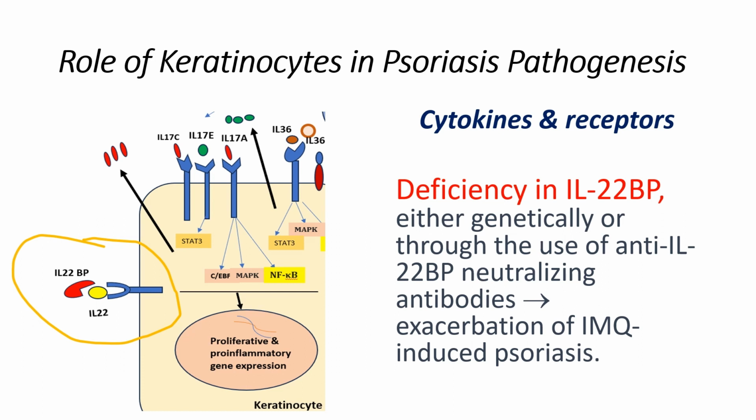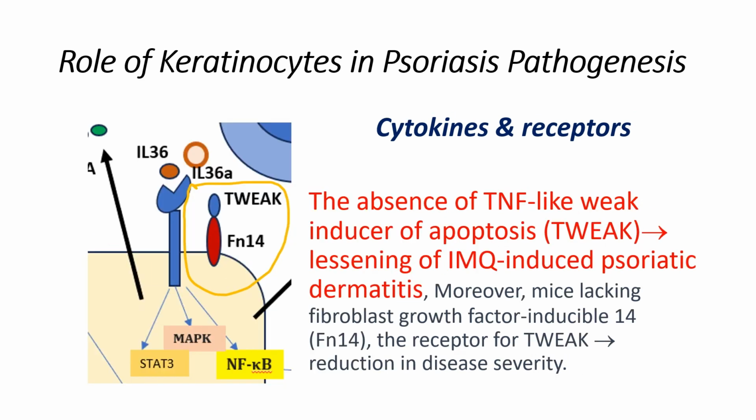In addition to tumor necrosis factor alpha, another notable cytokine within the tumor necrosis factor superfamily, known as tumor necrosis factor like weak inducer of apoptosis, or TWEAK, has emerged as a significant player in psoriasis.